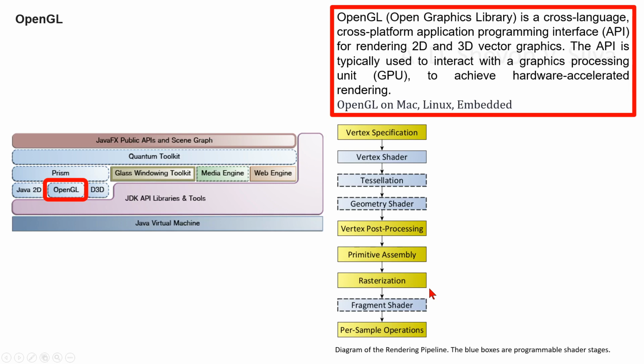Fragment processing. The data for each fragment from the rasterization stage is processed by a fragment shader. The output from the fragment shader is a list of colors for each of the color buffers being written to, a depth value, and a stencil value. Fragment shaders are not able to set the stencil data for a fragment, but they do have control over the color and depth values.